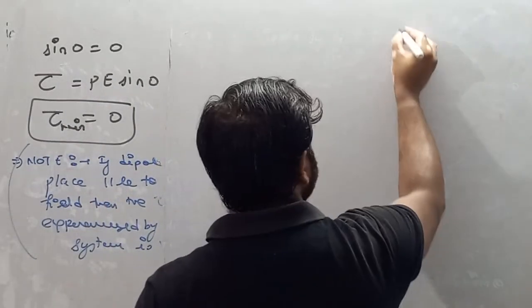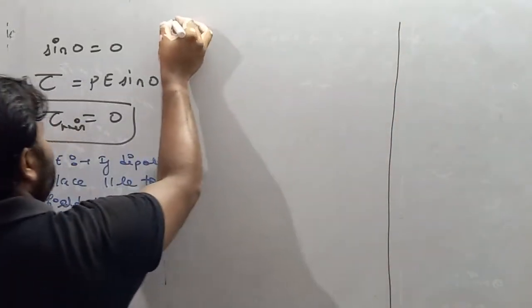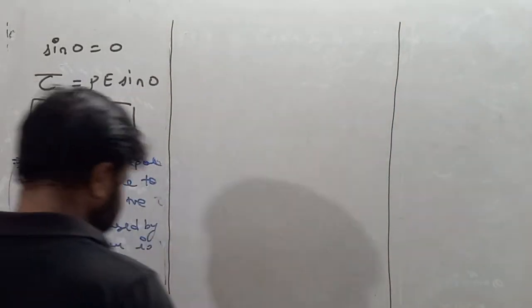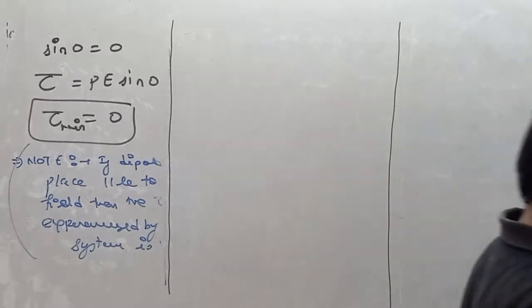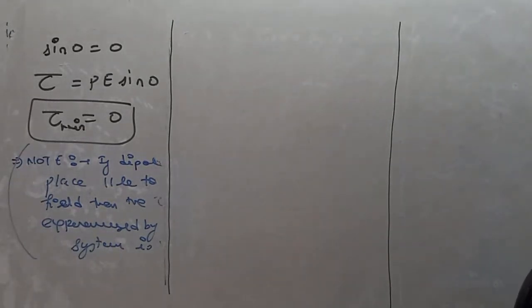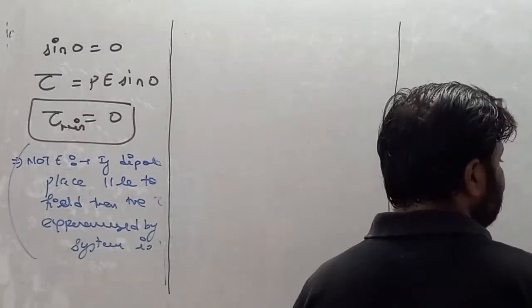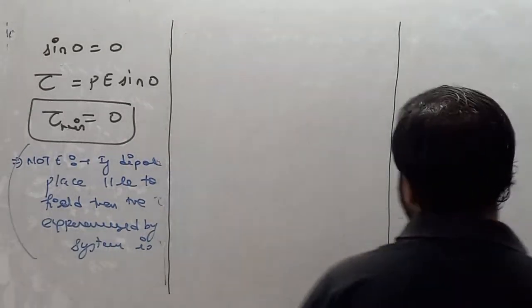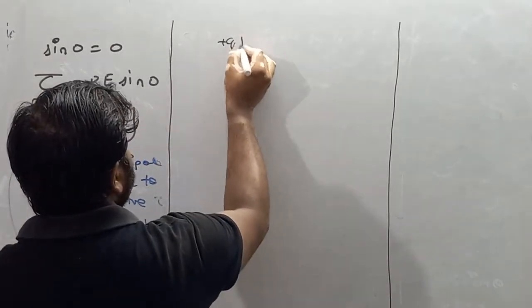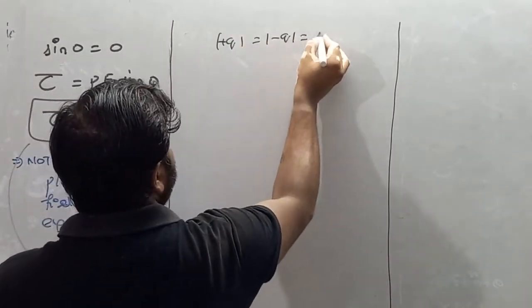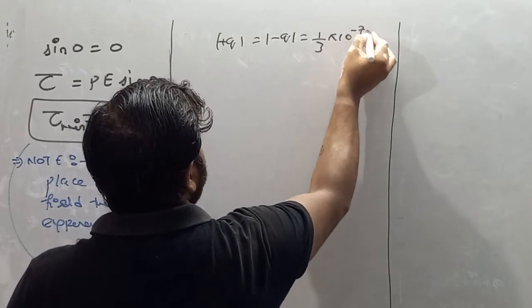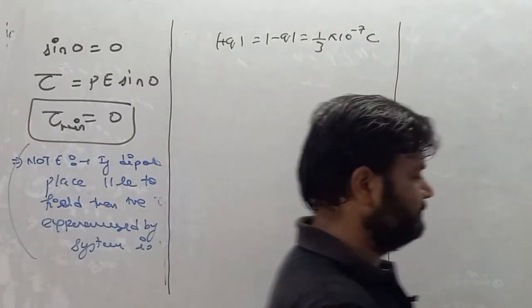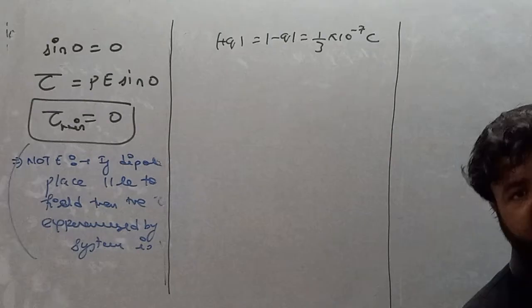An electric dipole consists of two opposite charges of magnitude 1/3 into 10 raised to power minus 7 coulomb, separated by 2 centimeter.